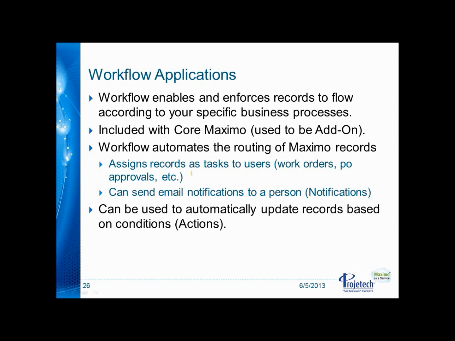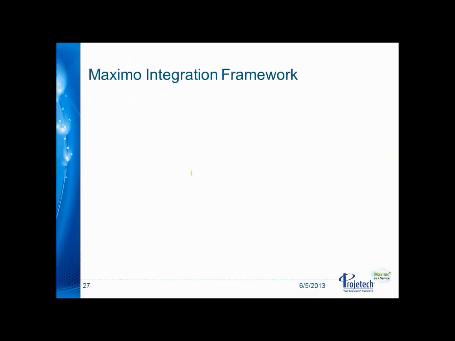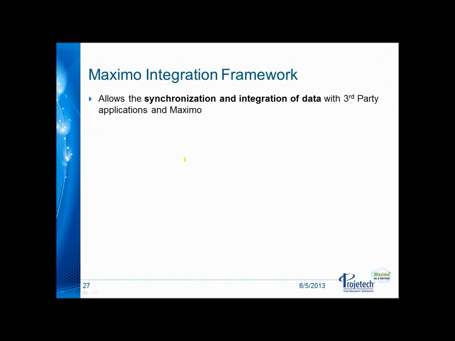So if a work order is created and it's assigned to a certain location with a certain priority, for example, then I can update one of the fields to a certain supervisor or a certain crew member based off of the conditions. So Maximo would do that automatically without a user having to go in and manually make that action update.